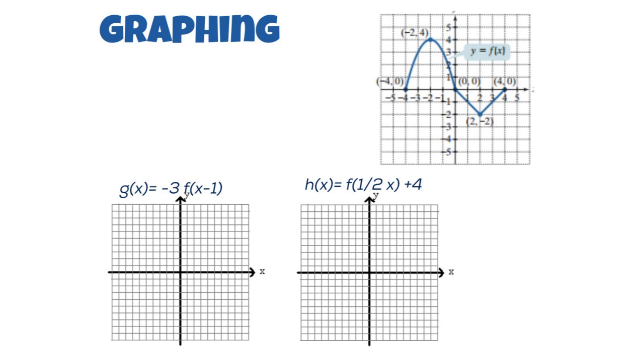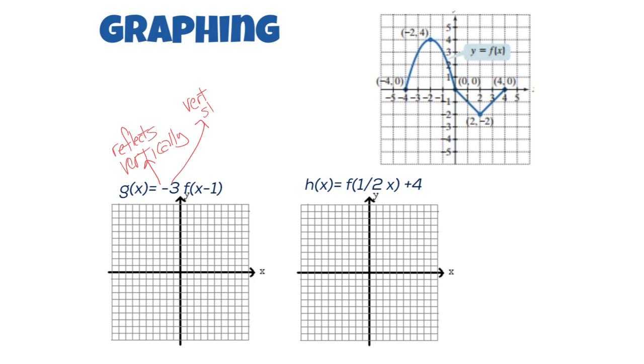So the first thing I'm going to do is take this negative. That's going to be a reflection over the x-axis. So it reflects it, like I say over the x-axis, but it really is more like it flips it upside down. And so it reflects vertically is what's happening there. The 3 is going to be a vertical stretch.